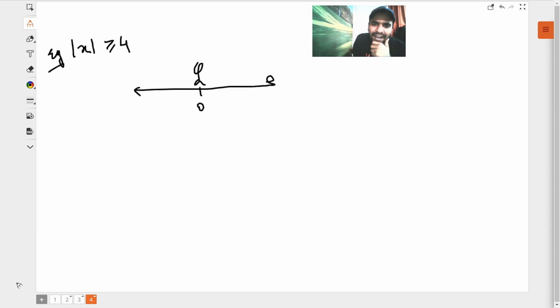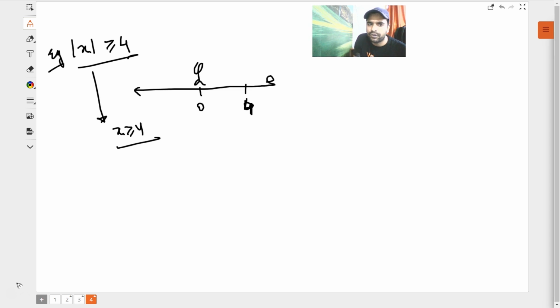So what I need is my magnitude greater than or equal to 4. So I'll have to walk more than or equal to 4 units, right or not? So my x will definitely be greater than or equal to 4.